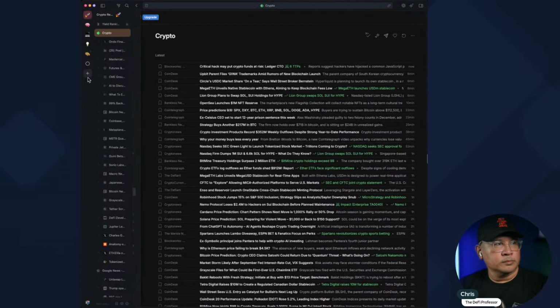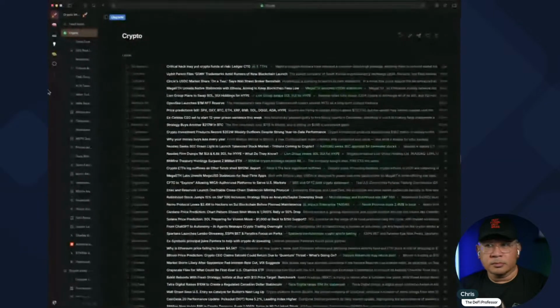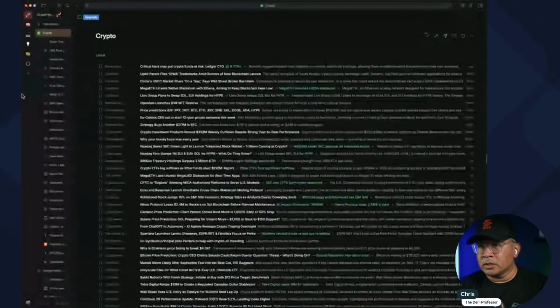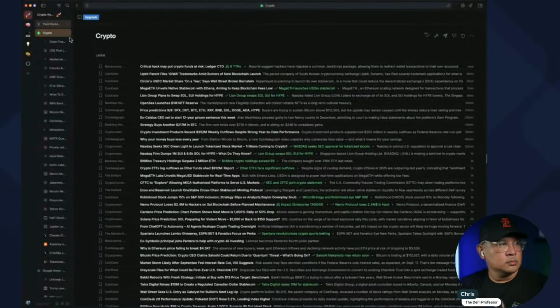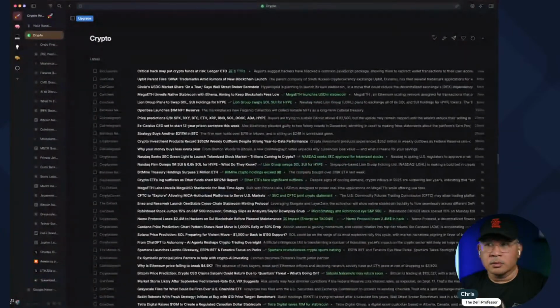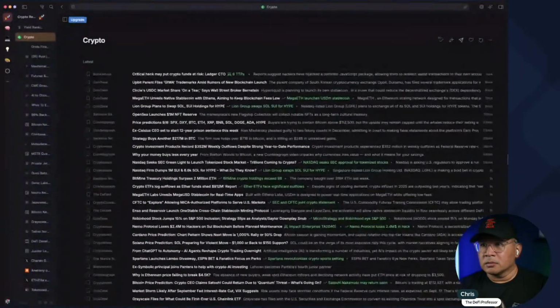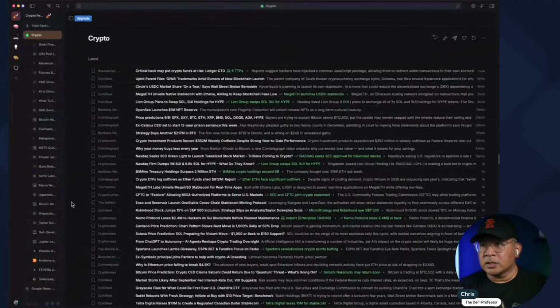Smaller. Seriously. There we go. If I make this wider, there we go. Now that looks better. I should have done this before I started, but it is what it is.